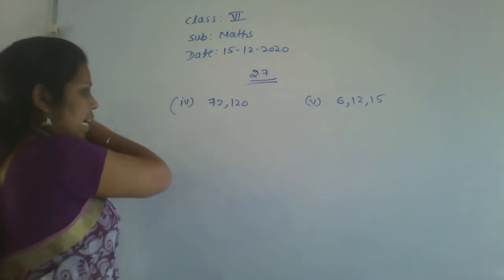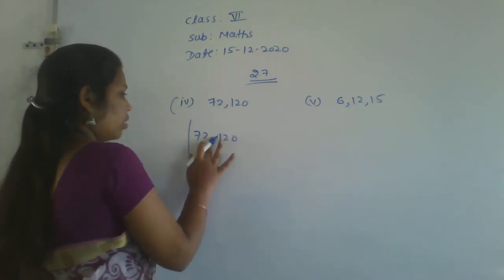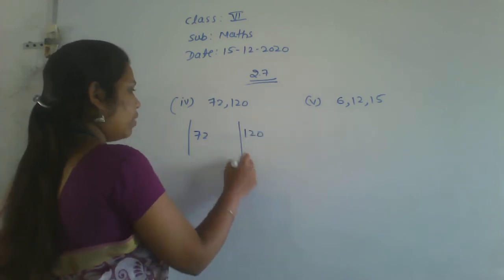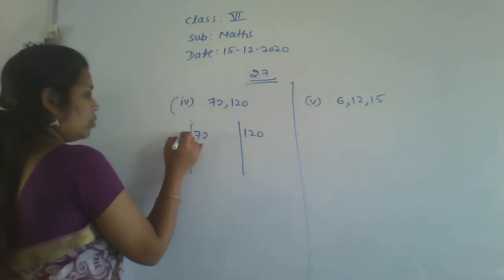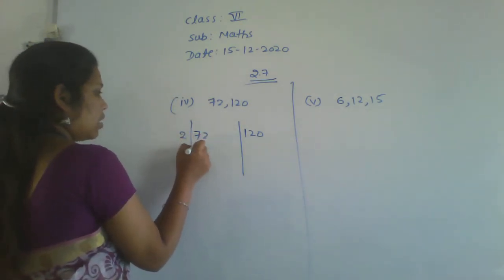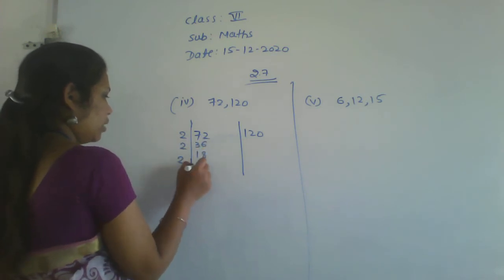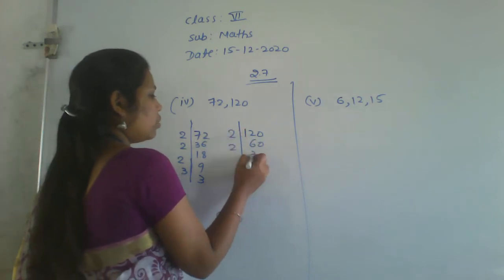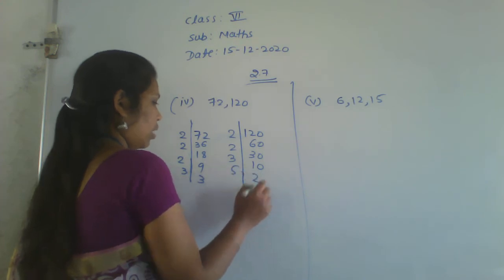Okay. So right here 72 comma 120. So first find the prime factors. Okay. So here 2 3s are 6, 2 6s are 12, 2 1s are 2, 2 8s are 16, next 2 9s are 18, 3 3s are 9. Here 2 6s are 12, and next 2 3s are 6, and here 3 10s are 30, 5 2s are 10. Okay.